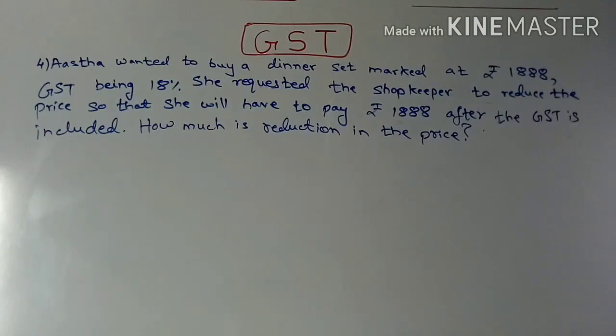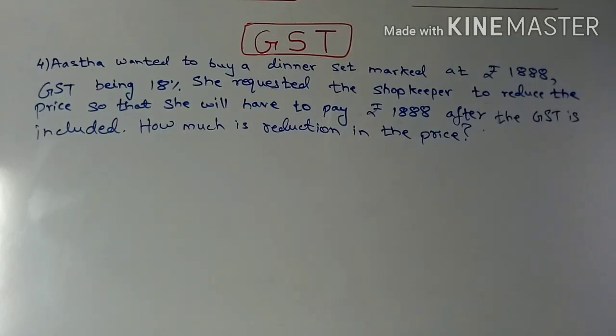So, this seems to be a very common situation when you go out to shop, mostly with your parents or your uncles and aunts, that they tend to bargain with the shopkeeper on the price of a certain commodity. Now here also Astha wanted to buy a dinner set. Its marked price is 1888 and GST is 18%.